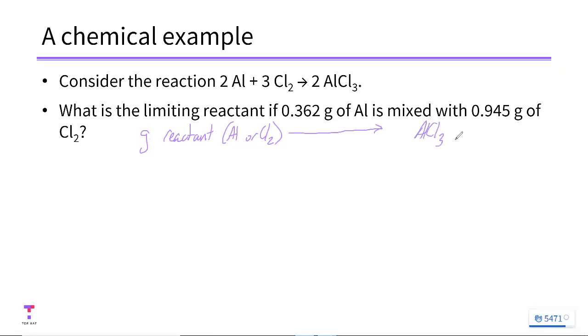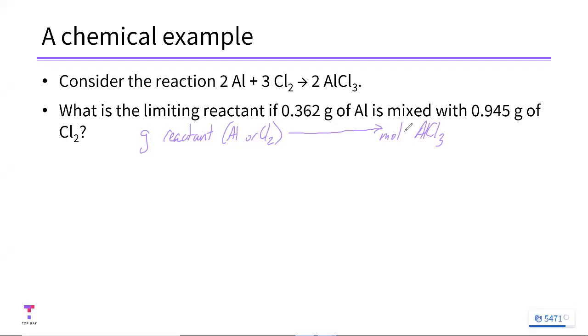Now, depending upon what I was asked to do after this, I could go a number of different directions. But the reality of the situation is I need to be able to compare the aluminum with the chlorine on a level playing field. And the only way to get them on a level playing field is to convert them to a substance that is different from themselves so that I can compare each of them directly to each other.